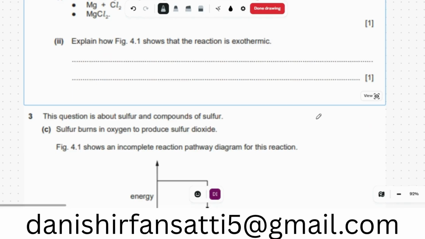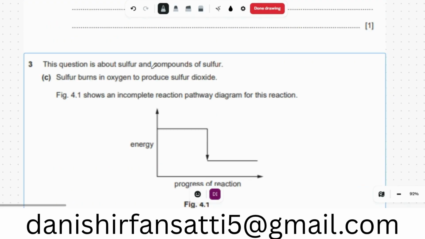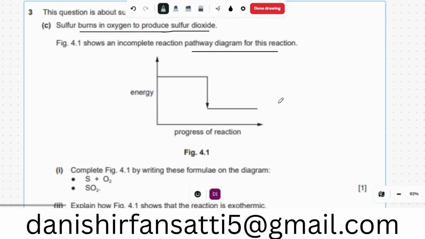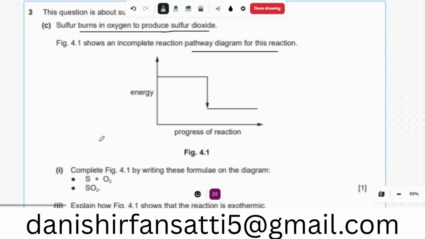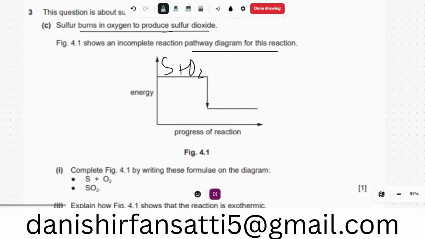Question number 3. The reaction of sulfur and a compound of sulfur. Sulfur burns in oxygen to produce sulfur dioxide. Complete the incomplete pathway diagram for this reaction by writing the formulas on the diagram. So simply, S plus O2 gives us SO2.